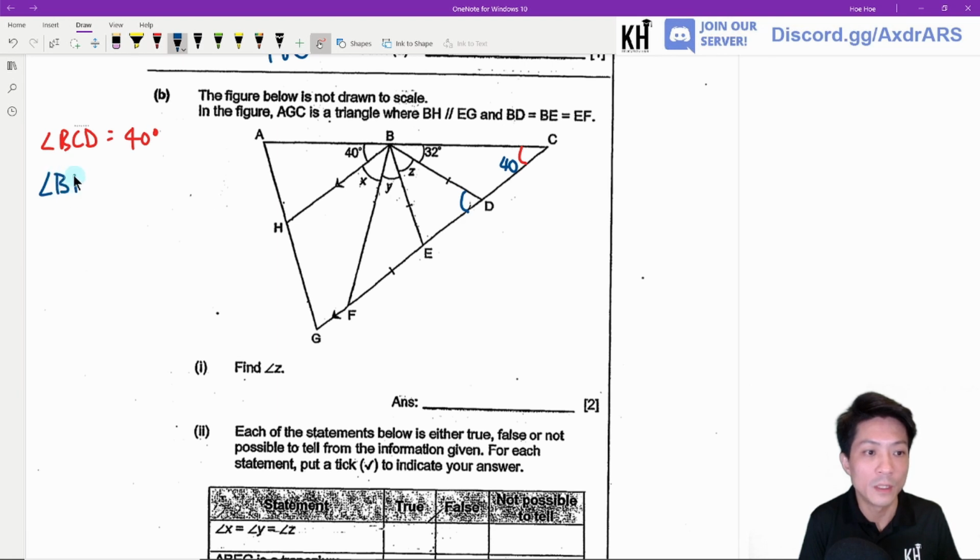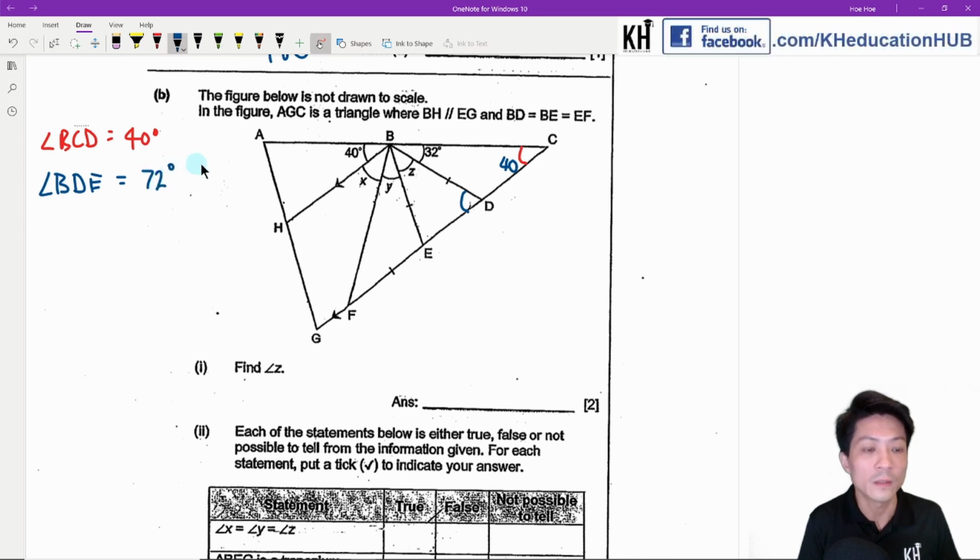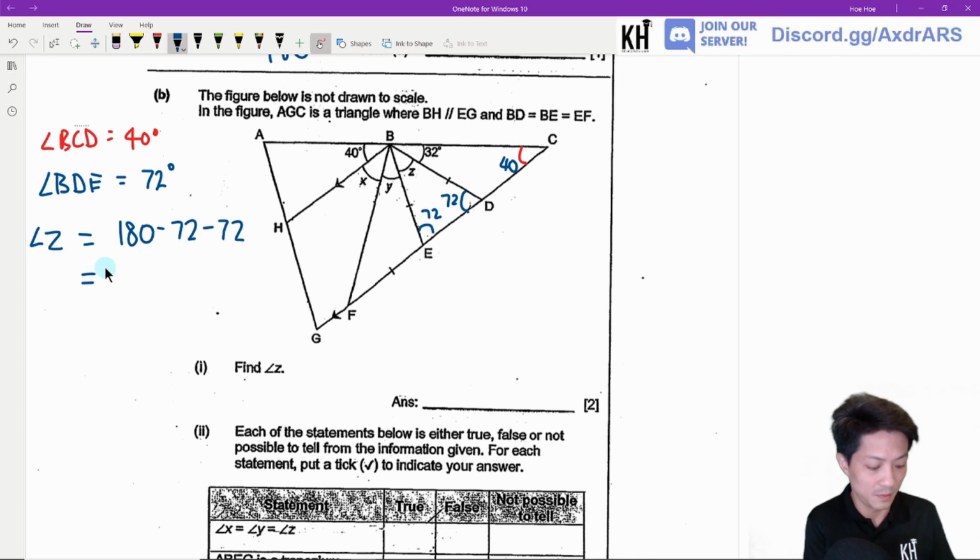Angle BDE is going to be 72 degrees. You can also do the long way, which is to use 180 minus 32 minus 40 to find this. So you found this, use 180 minus this again to find this. This is 72, this is also 72, which means that to find angle Z, I just need to use 180 minus 72 minus 72, which is 36 degrees.